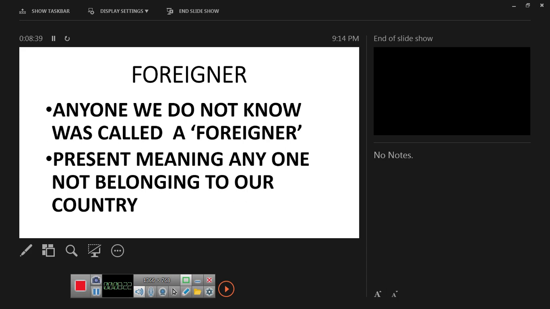Now think an Australian has come to your home, and he is a very good friend or a family relative. He is not a foreigner to you according to the old custom, but as per the modern custom, he is a foreigner. As per the present rule, he doesn't belong to the country that you are a member of. That is a foreigner.